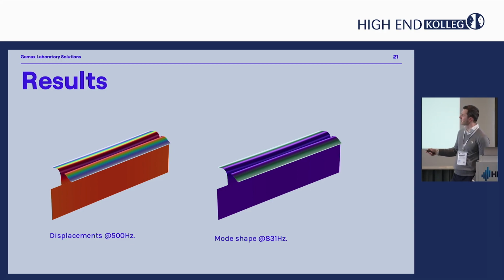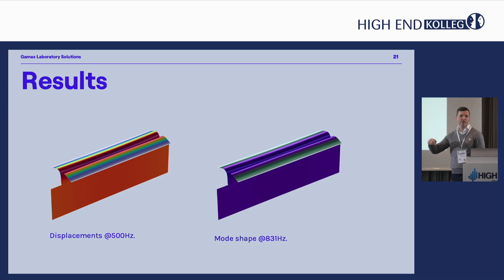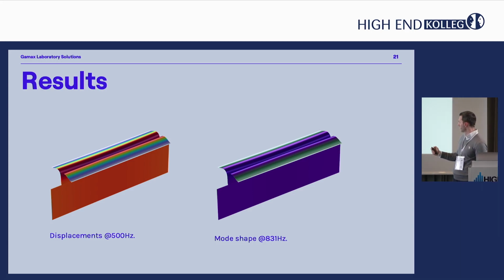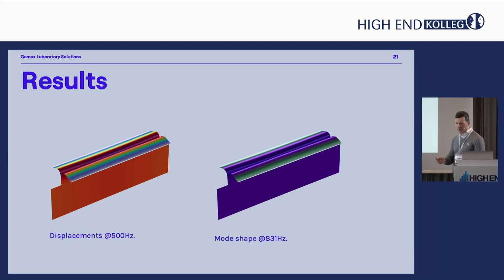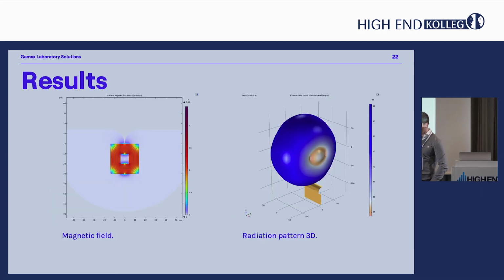There is one selected for 500 Hertz, and we can also calculate the eigenfrequencies, the eigenmodes. So that's one mode at about 800 Hertz. That's also possible to plot there, and we can also plot the results from the magnetic calculations.